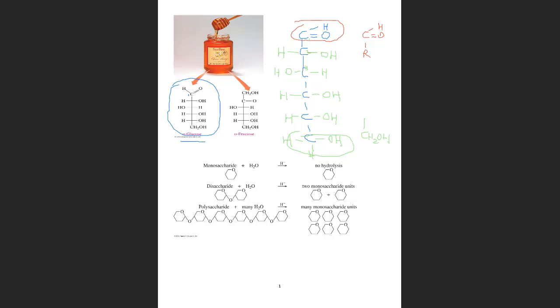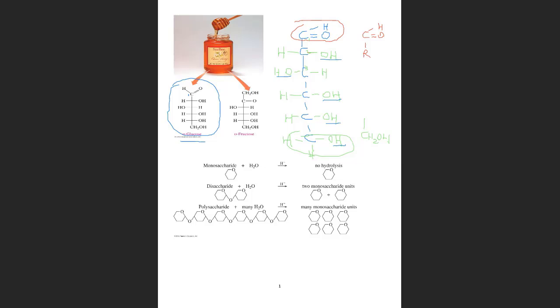Very good. So when we read the definition of carbohydrate again and we say polyhydroxy aldehydes, well, now it's much easier. Poly means there are many. There are many hydroxyls: 1, 2, 3, 4, 5.